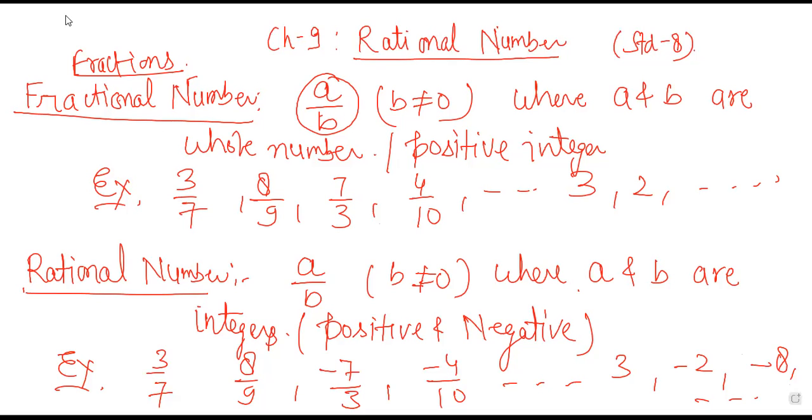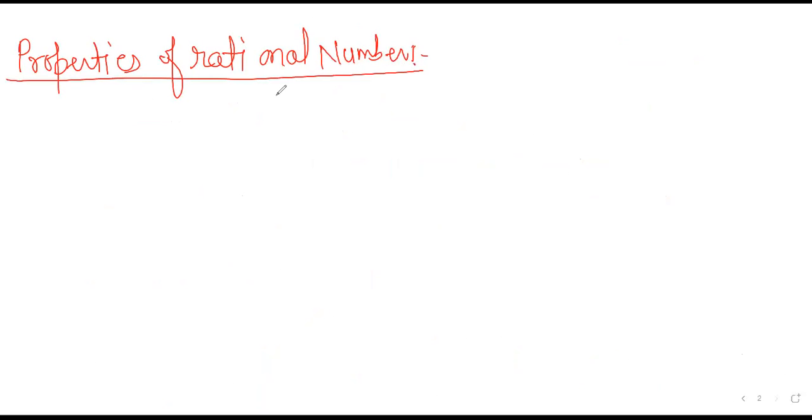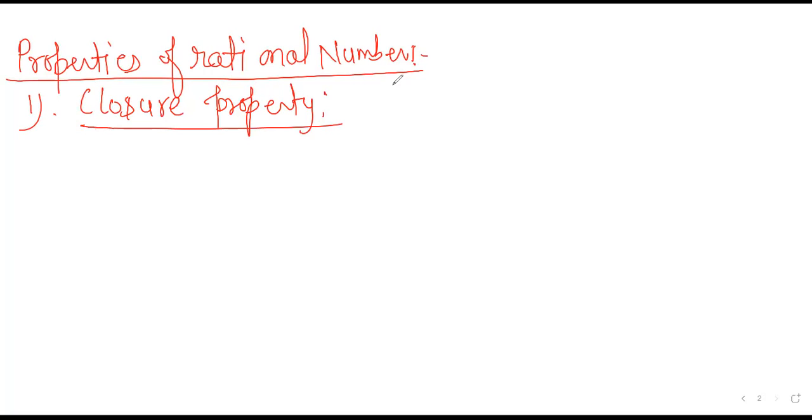Now coming to the properties of rational numbers. Let us take the first one, the closure property.